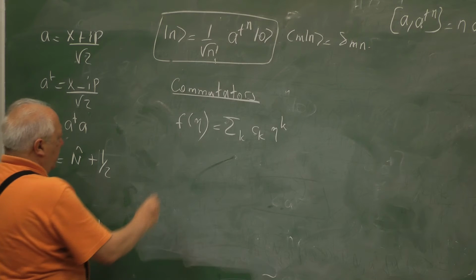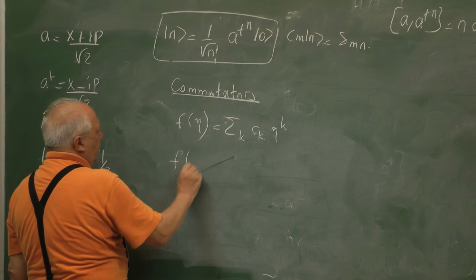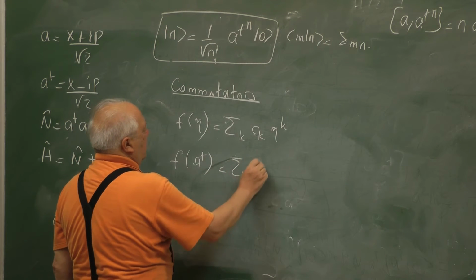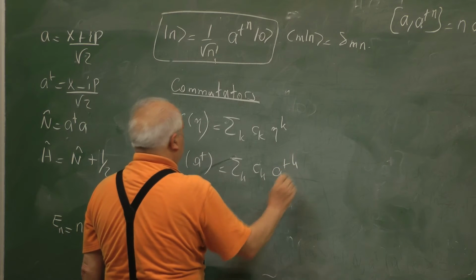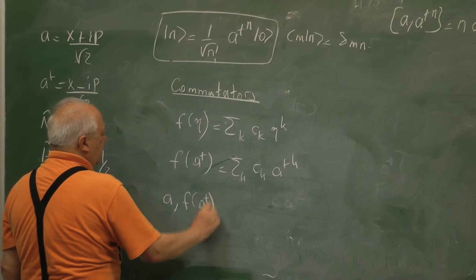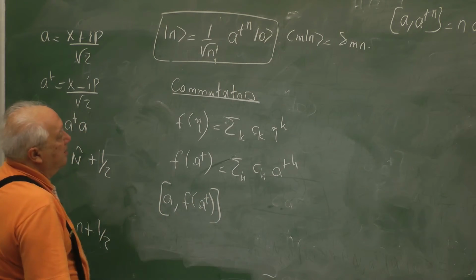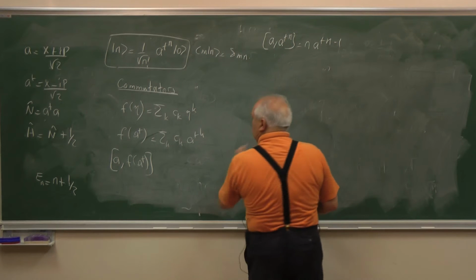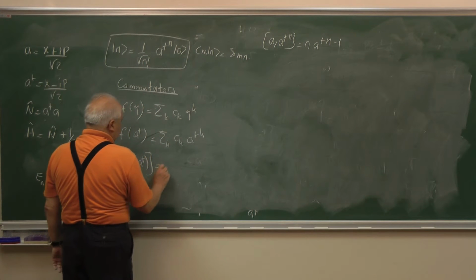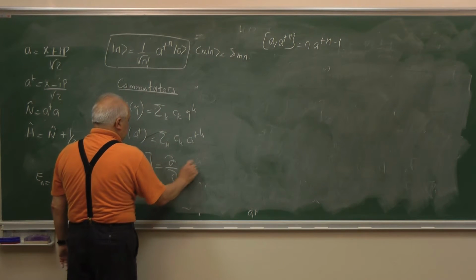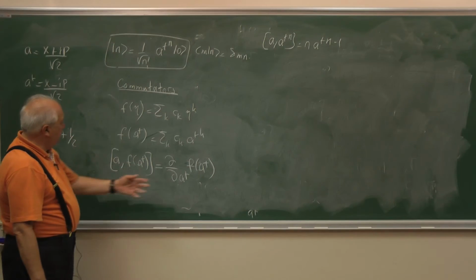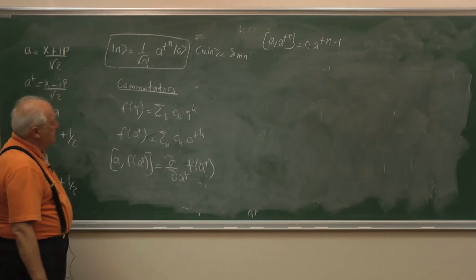If so, we can talk about a function f of a dagger, namely it has such a power series, k, ck, a dagger to k. Therefore, f a dagger from here, because f can be expressed as a power series. So it is something like delta delta a dagger f of a dagger. Because for every power we use that. Okay.